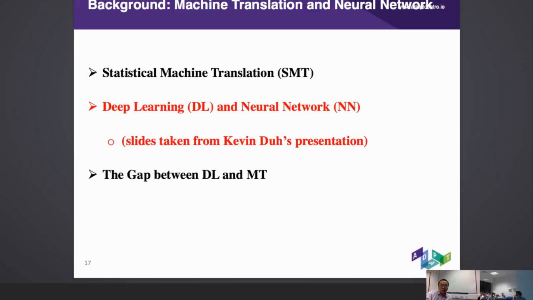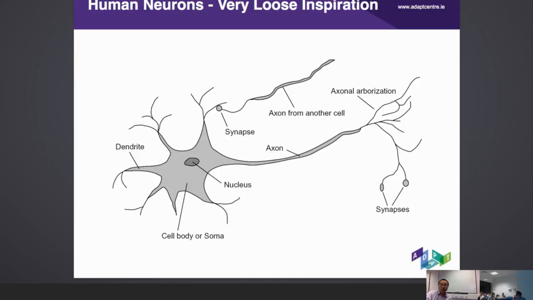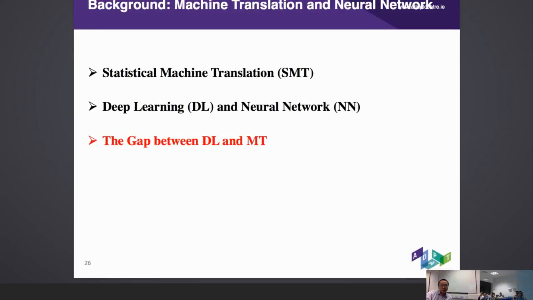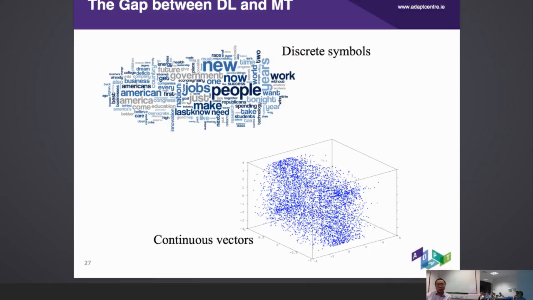For deep learning, I understand most of you are familiar with this technique, so I will just skip these slides. Then I try to explain the gap between deep learning and machine translation. Machine translation is a task to transform a sentence to another sentence.